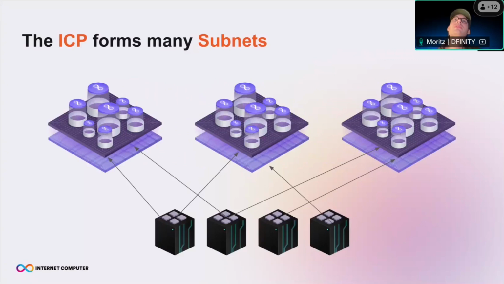So let me see if you can see my, yeah, that should work. So at the bottom of this stack, there are data centers. So independent data centers. So not like a cloud like AWS or Google or whatever.